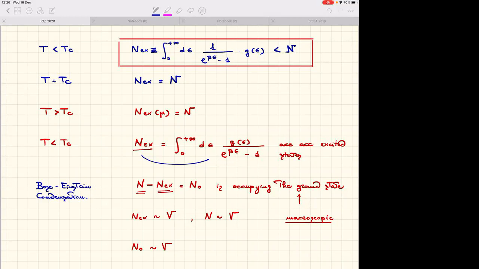But since here you're lacking space to put particles, then you have to put them somewhere. The most natural choice is to put them in the ground state, because that's the state with the highest probability to be occupied. Okay?